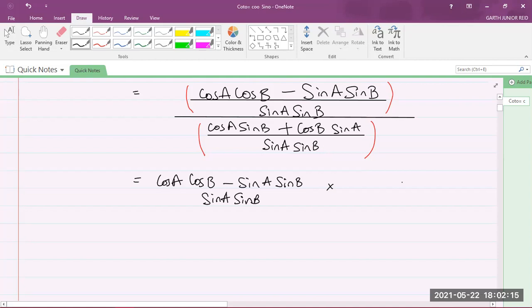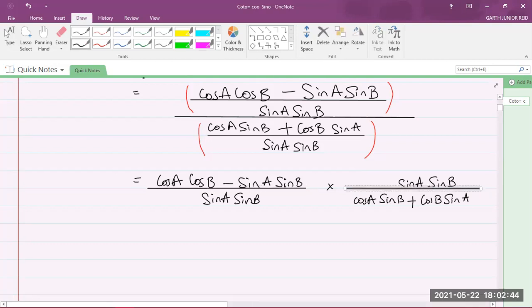So I will get the sine of A times the sine of B in the numerator, and my denominator will be cos A sine B plus cos B sine A. I hope that was clear enough for you. So let's draw lines here to show that we are dividing.